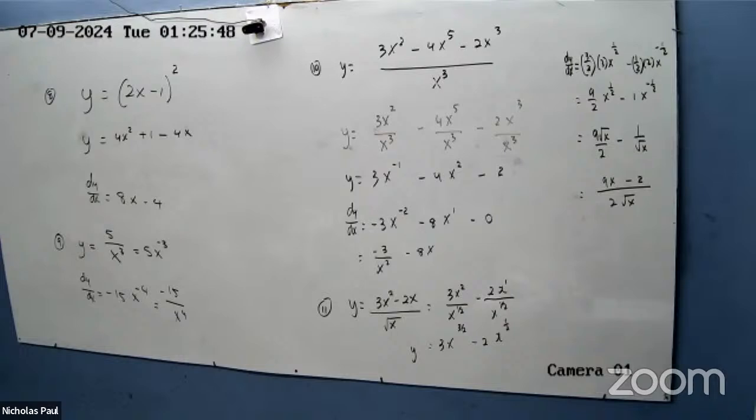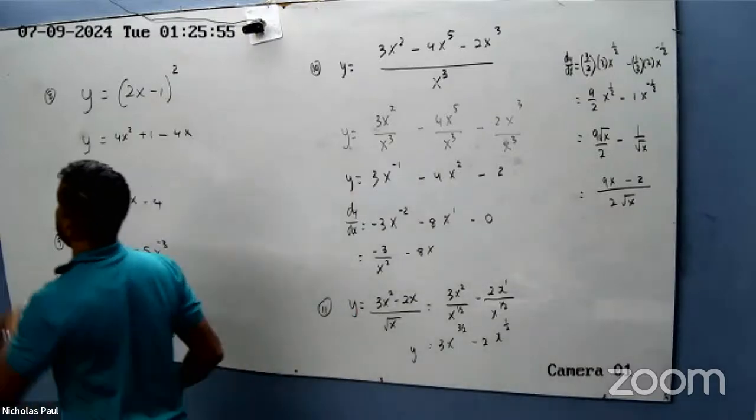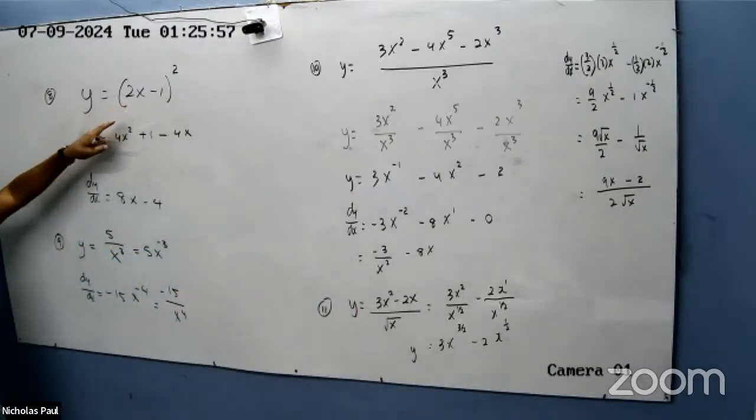First one is chain rule. That's the first rule we're going to look at. Chain rule can be used to differentiate questions like that.